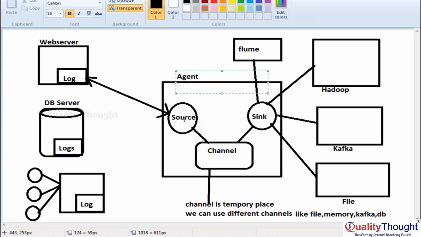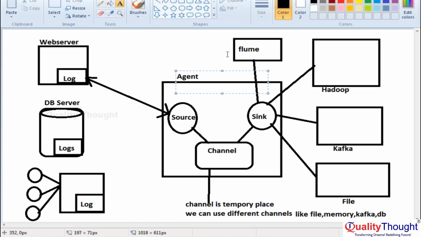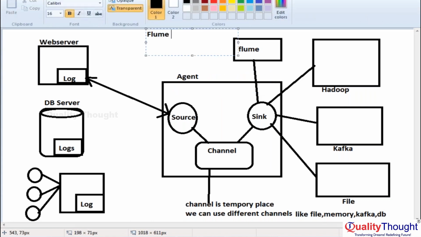Finally we create links from source to channel and sink to channel, so that the source understands the channel information. Whenever it reads events, it writes into the channel. Then the sink continuously communicates with the channel, reads events, and writes into the destination location. Okay, so this is the complete Flume architecture.